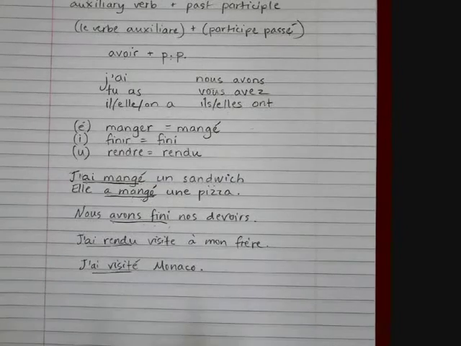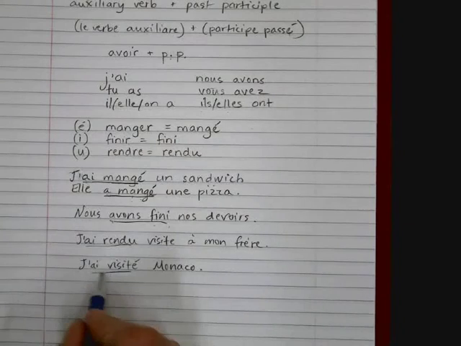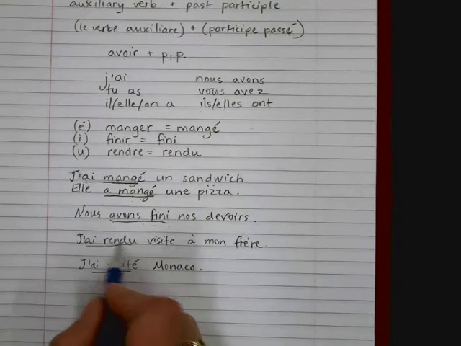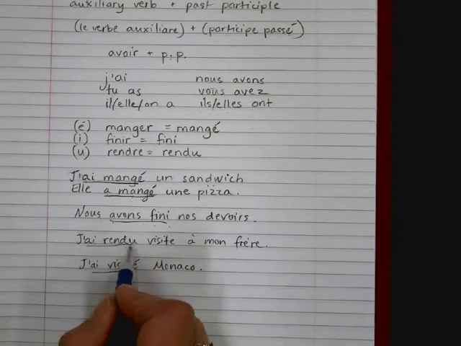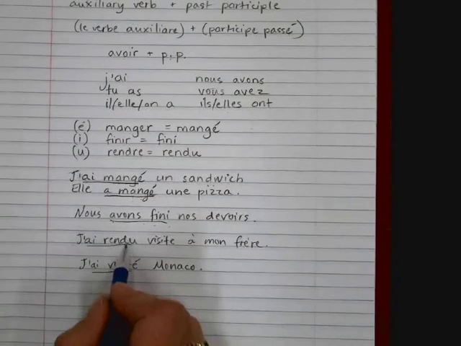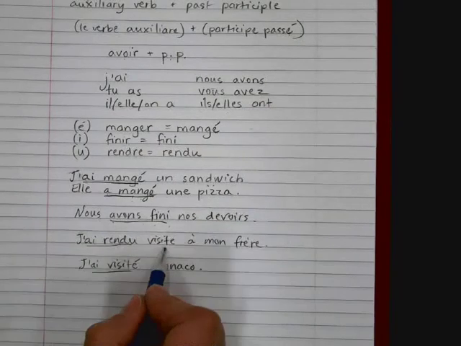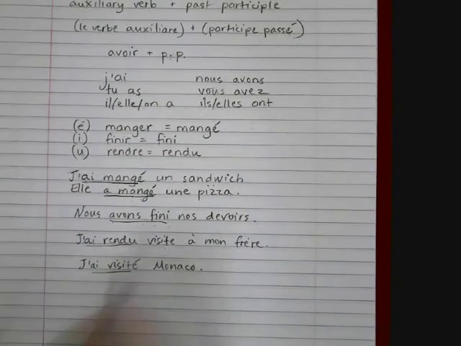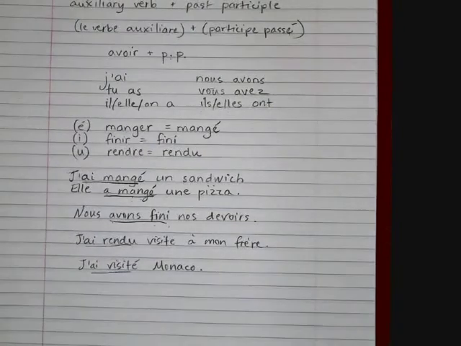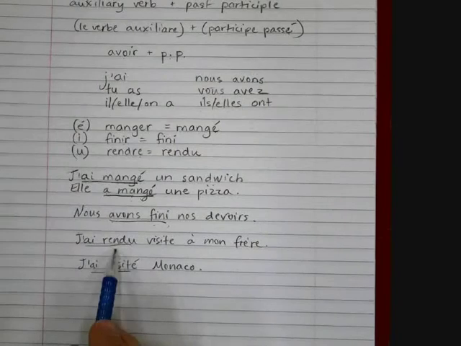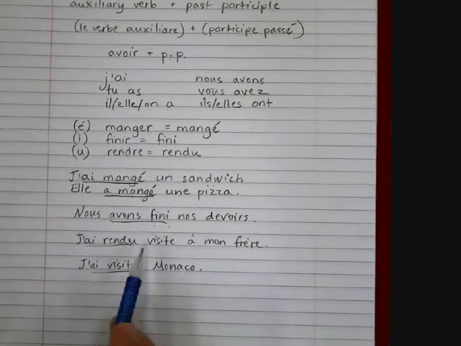I have a question. Oui. What does rendu visite mean? When it's put together, it's the verb that you use when you're visiting a person. It's like to pay a visit, and visit is the thing you're paying.